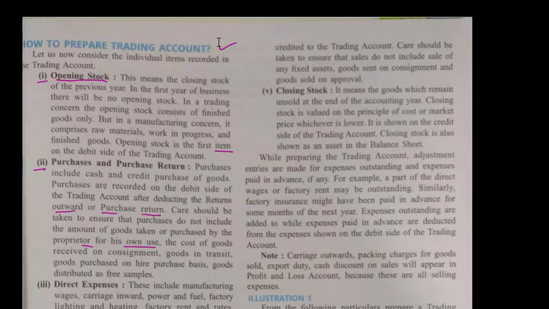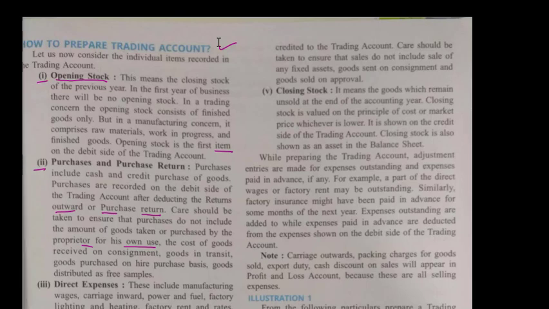The cost of goods received on consignment, goods in transit, goods purchased on hire purchase basis, and goods distributed as free samples are a few more items that you should not include in purchases. What is consignment?